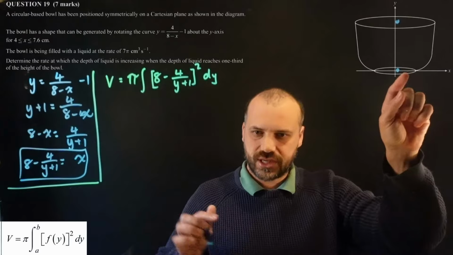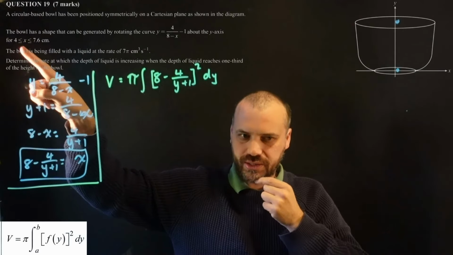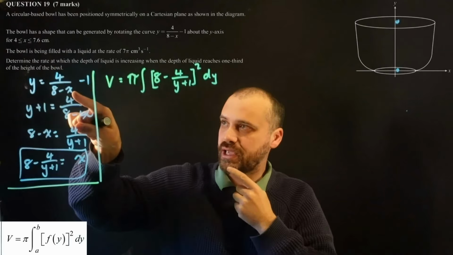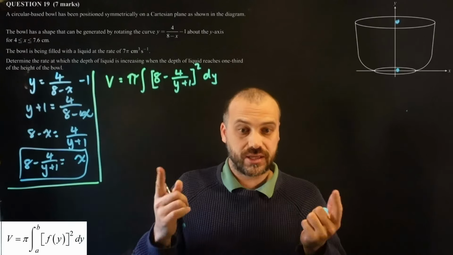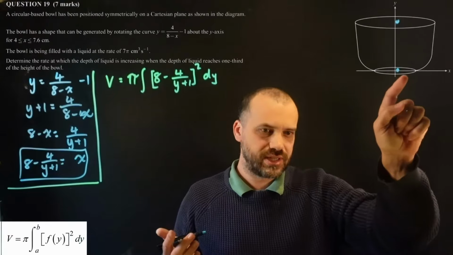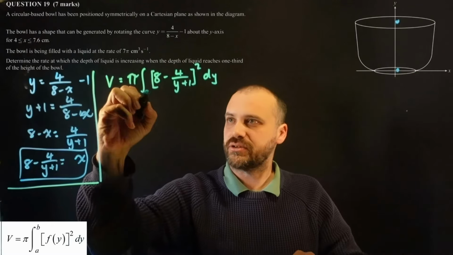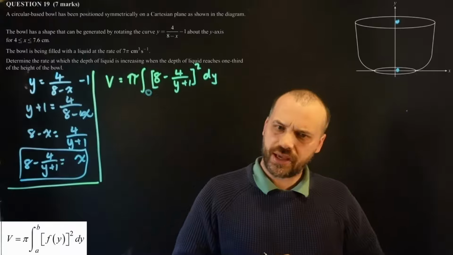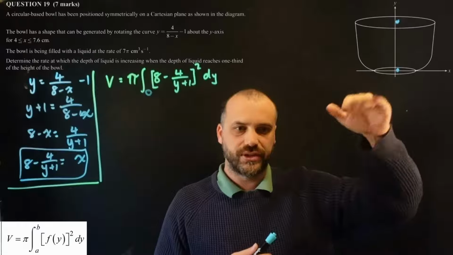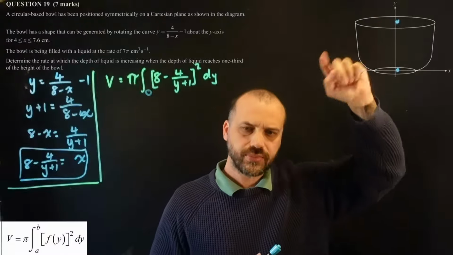Now, if you sub 4 into this, 4 over 8 minus 4, minus 1, you get 0. And that makes sense because you can see it's drawn that way, 0 is going to go on the bottom.